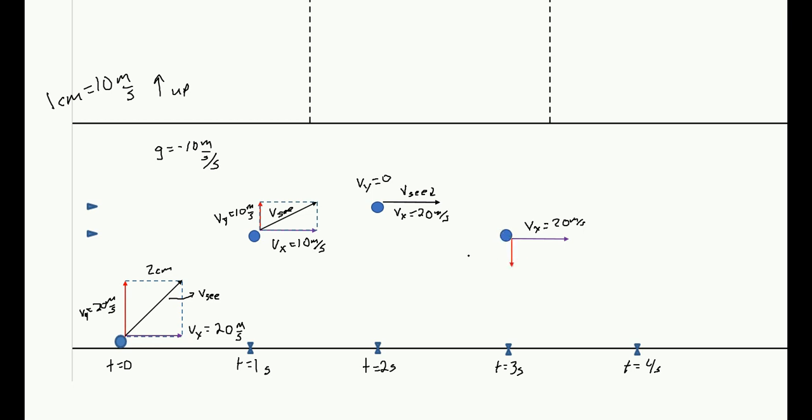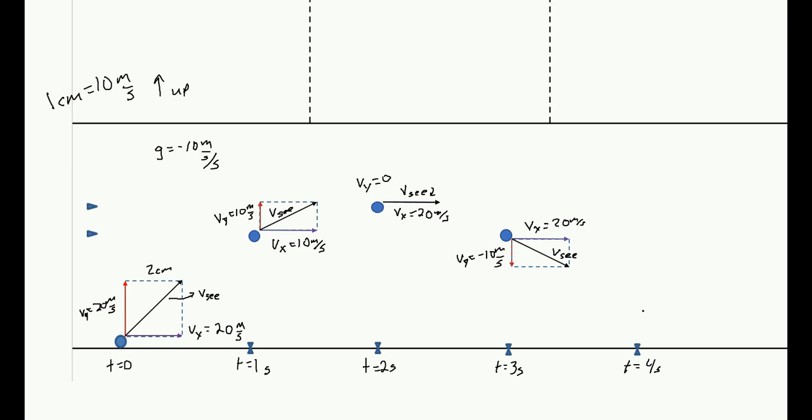So now it's going to be traveling at a negative 10 meters per second. Again, our little rectangle will help us, and our resultant, or the velocity that we see right here, is the same length as it was at 1 second, it's just going in a different direction now.